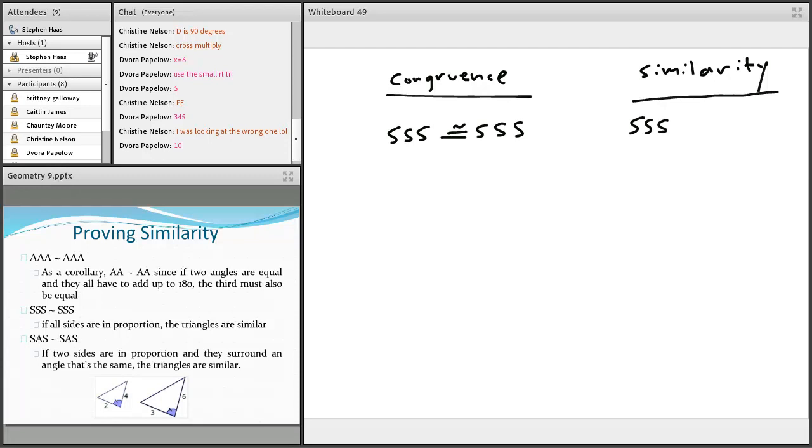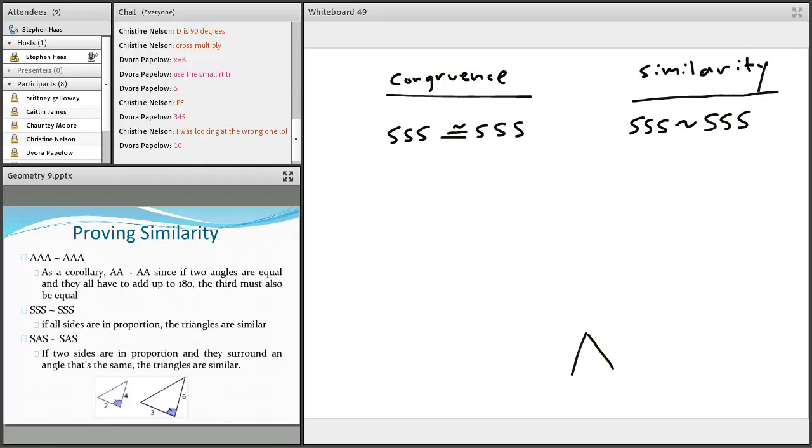By the way, for similarity, you use the squiggle without the equal sign. The equal sign with the squiggle is congruent, which means exactly equal to each other, whereas similar means you just use the squiggly thing. So if the three sides are in proportion, then the triangles are similar.